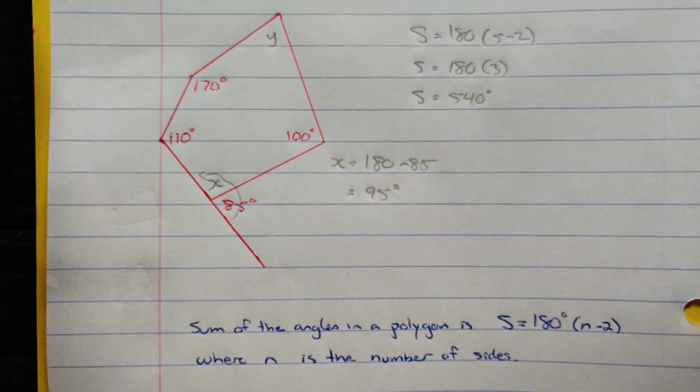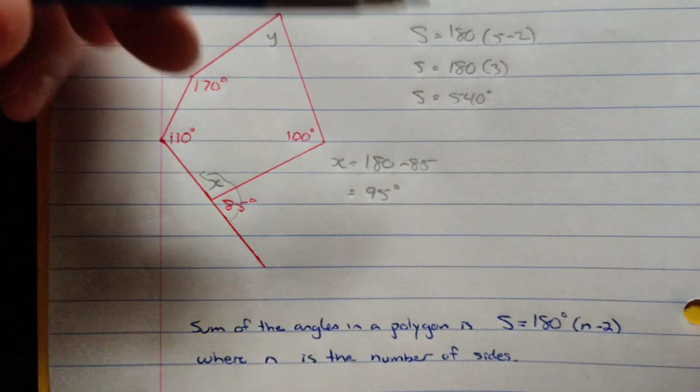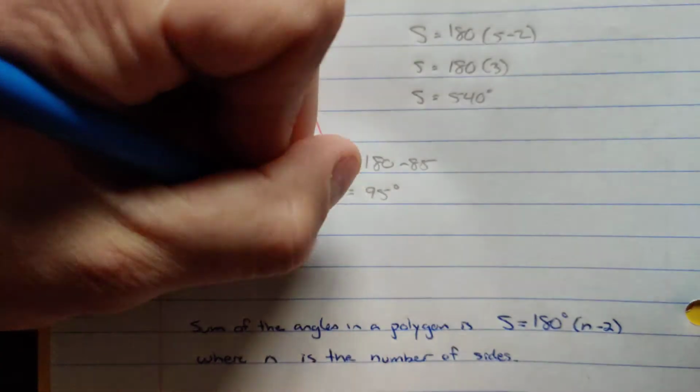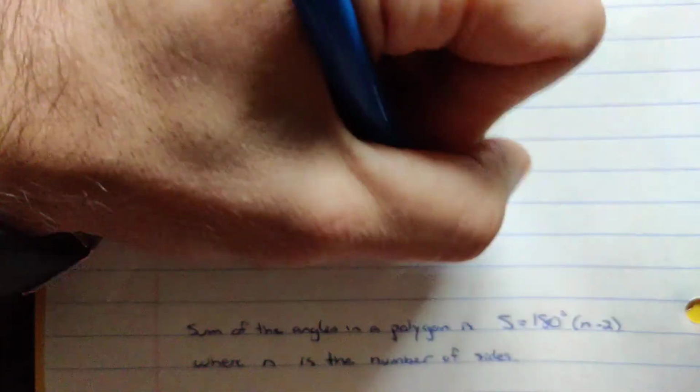And then to find Y, well, the sum of all these angles inside is going to be 540. So Y equals 540 minus 110 minus 170 minus 100 minus 95.